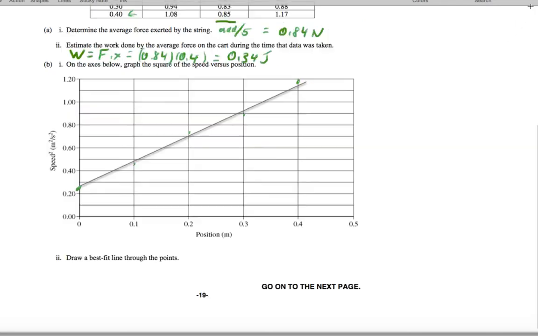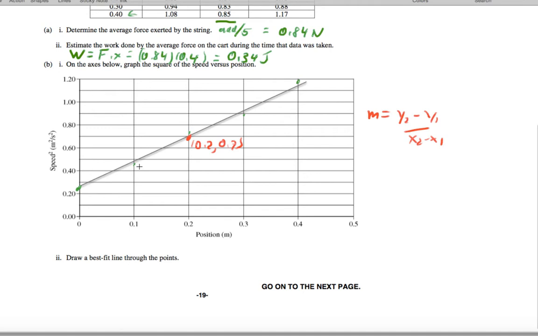So let's get the slope from the best fit line. We have m is y2 minus y1 over x2 minus x1. This appears to be about 0.2, so we'll make x2 equal to 0.2, and that's 0.7 right there.